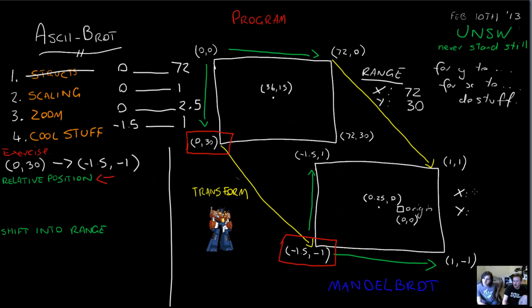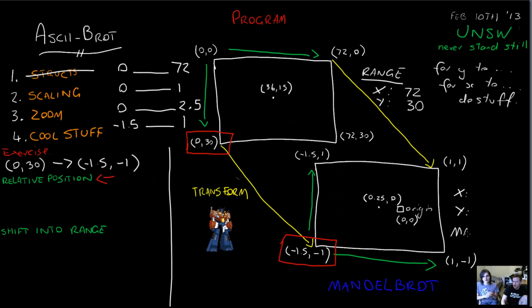Do you want to go through how to get the range? For the Mandelbrot, to find the range, it's a bit harder because you're not starting at 0, so you can't just grab the number all the way to the right. You've got to find the difference between your leftmost number and your rightmost number, and your bottommost number and your upmost number for the y-coordinate.